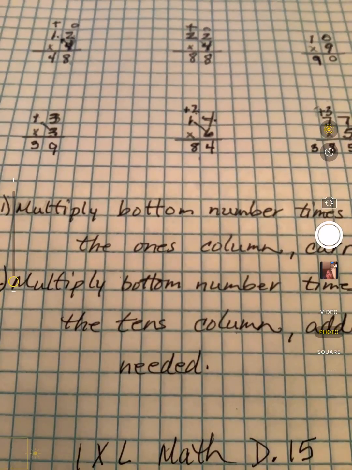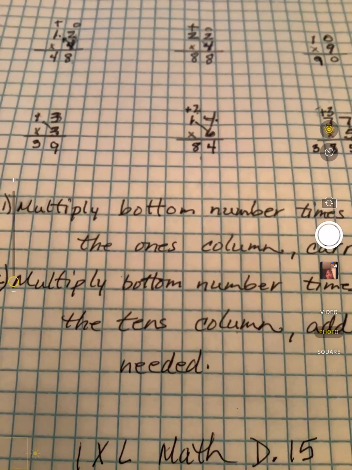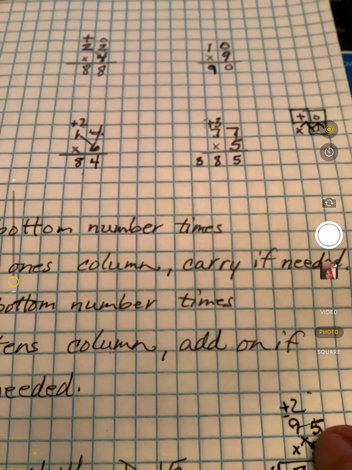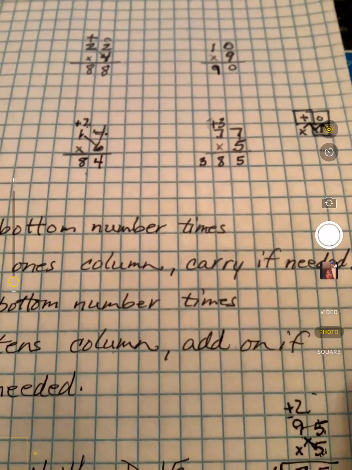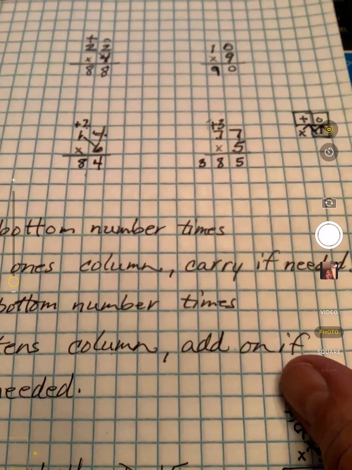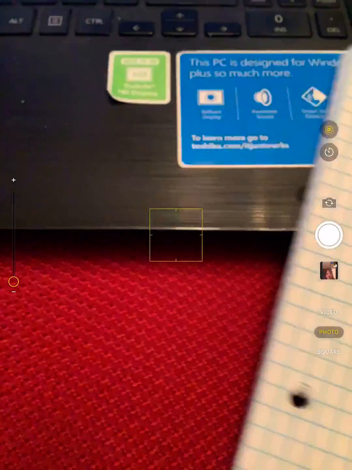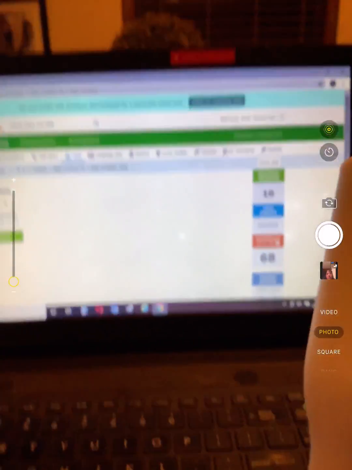Multiply the bottom number times the tens column. And then on number 1, carry if needed. On number 2, add on if needed. Okay. Then I strongly recommend having your paper handy to be able to do your problems on IXL.